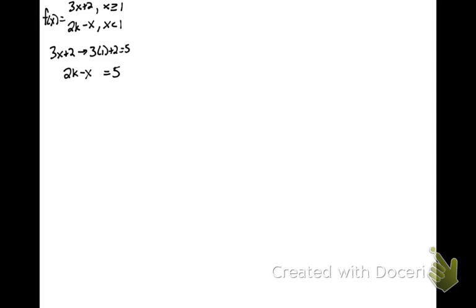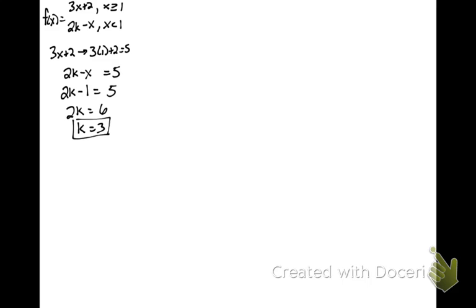And more importantly, what value of k, when x has a value of 1, causes this to equal 5? Solving for k, we'd find that it is when k equals 3 that we have a continuous function, and for any other value of k, we would have a discontinuous function.